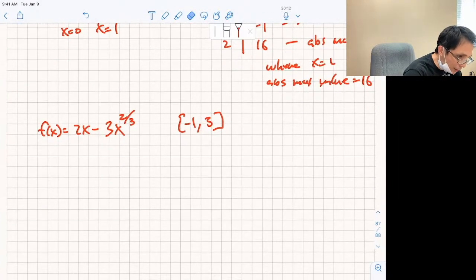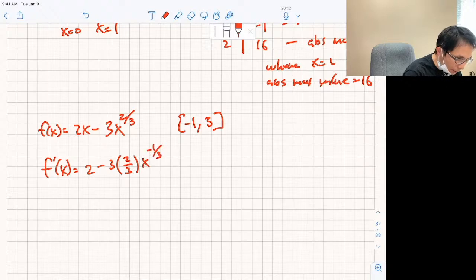If I take a derivative, what am I going to get? 2 minus 3 times 2/3 times x to the -1/3. Does that make sense? So the 3 cancels out: 2 minus 2x to the -1/3.